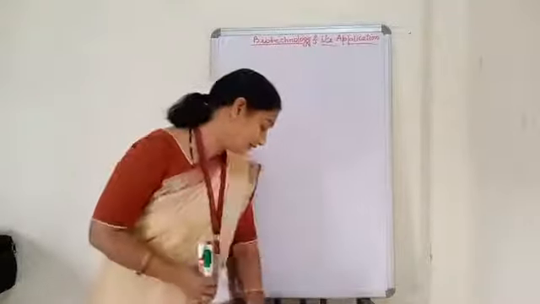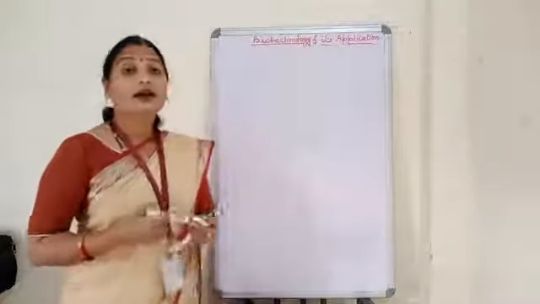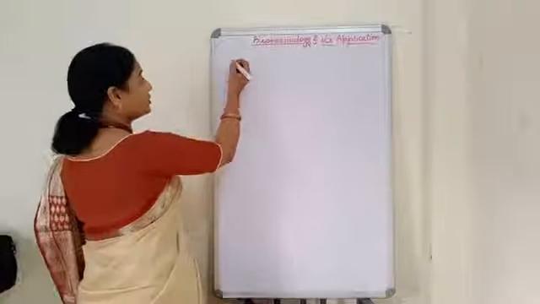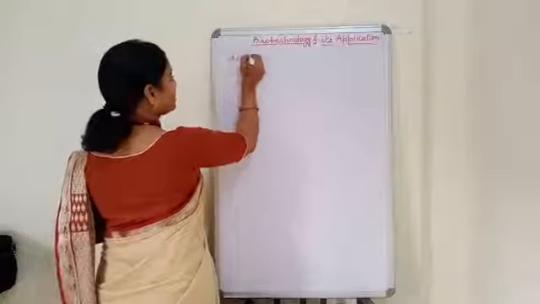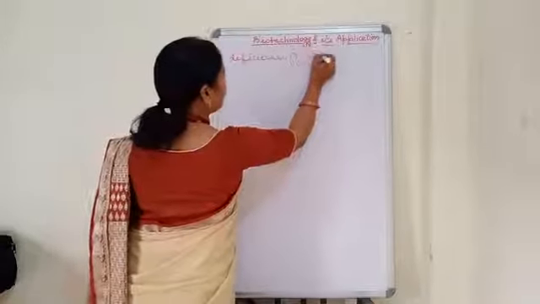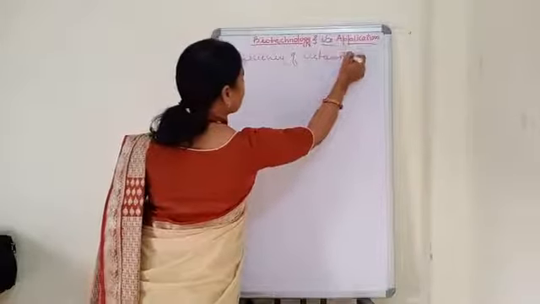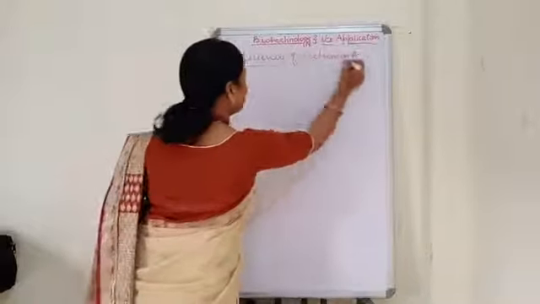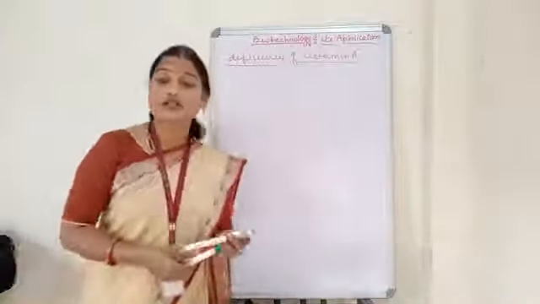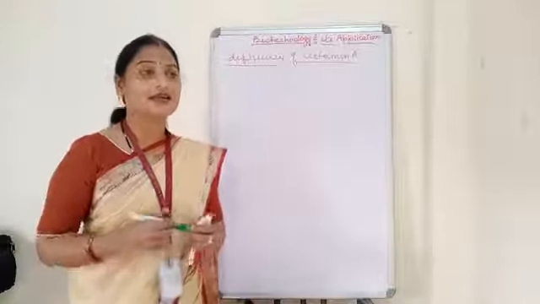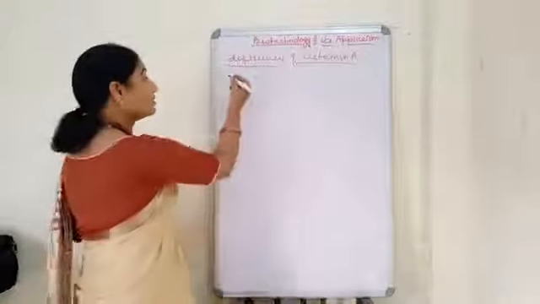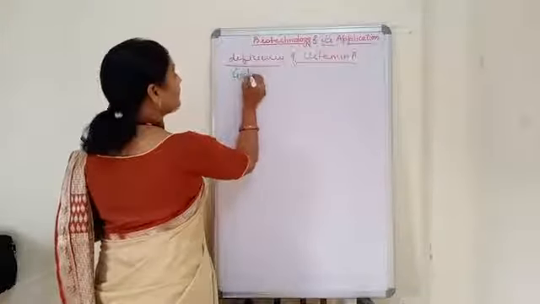Out of the deficiencies, one such deficiency is the deficiency of vitamin A. So we will see the deficiency of vitamin A. The deficiency of vitamin A can be overcome by using a technology called golden rice.